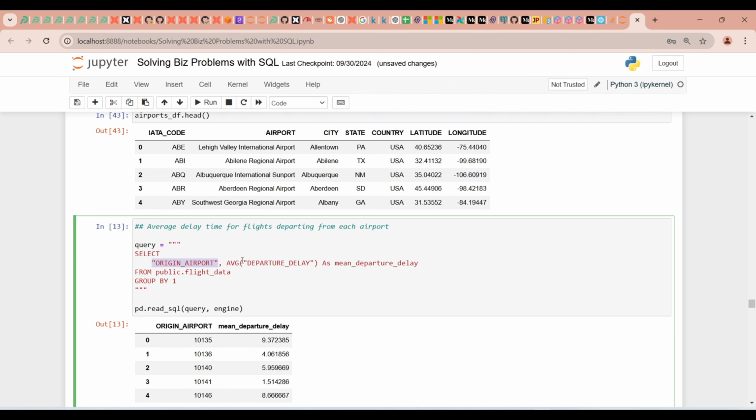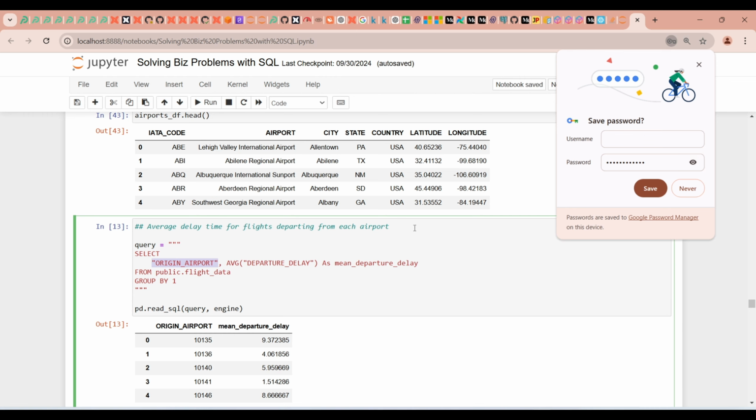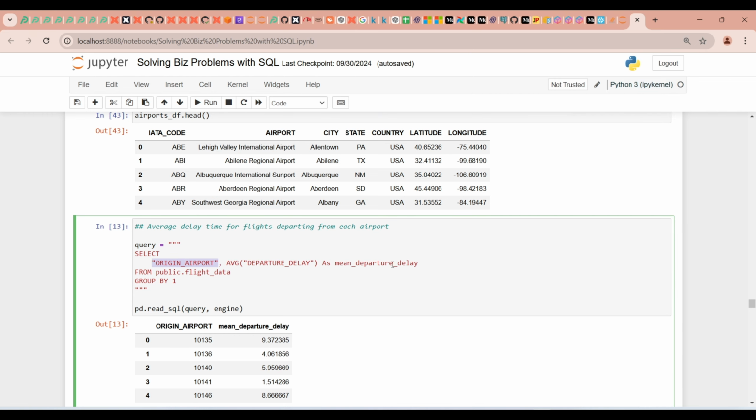We're looking at the departure delay. So we take the average, call it mean departure delay, from the flight data, grouped by origin airport, because we want to know it for each airport.